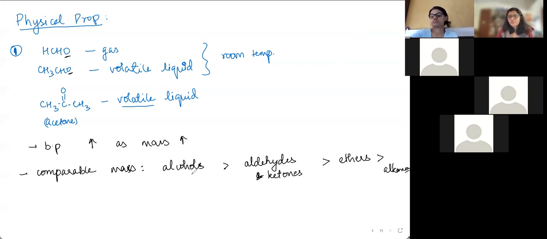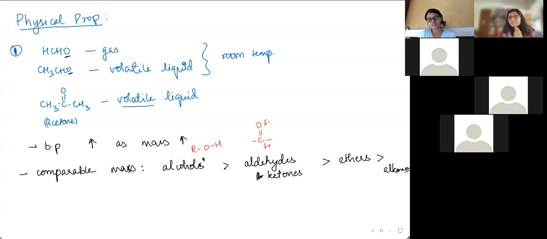Now, what is the reason for this? You said hydrogen bonding, yes. But aldehydes ketones also have C double bond O. Why is there no hydrogen bonding in this case? So this bond is also polar. So alcohols is ROH.